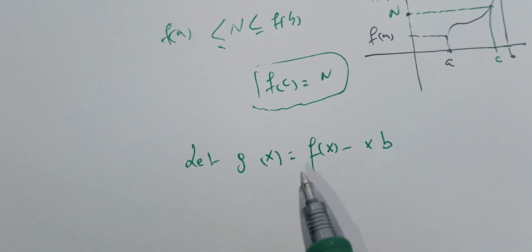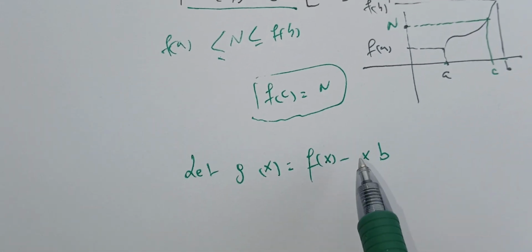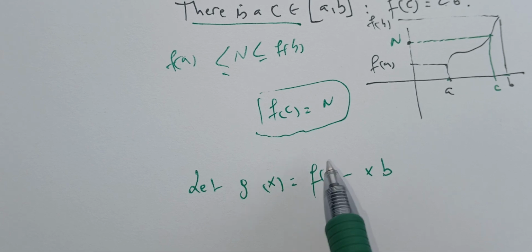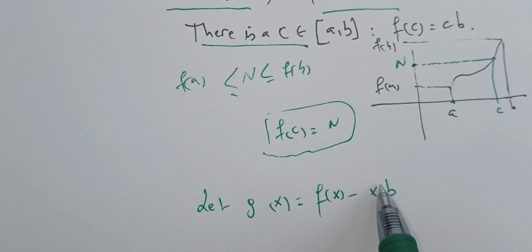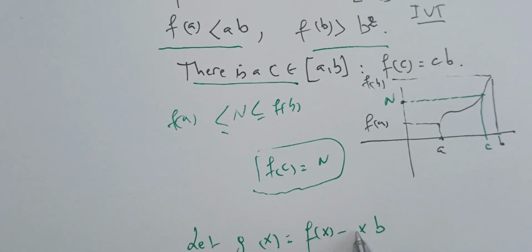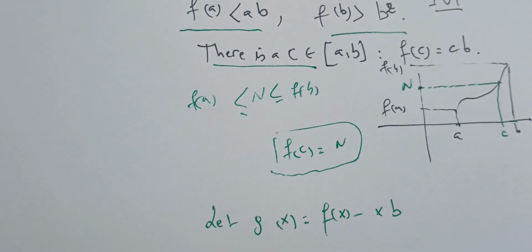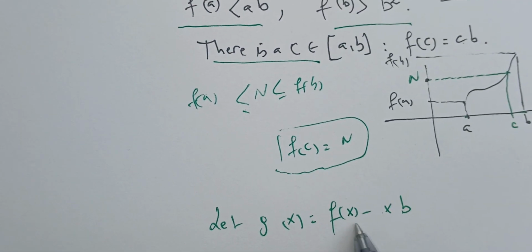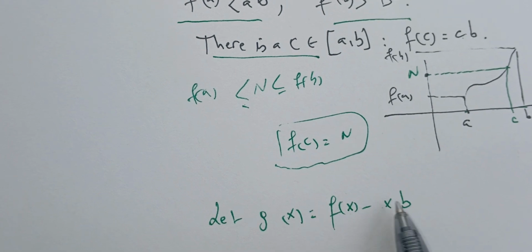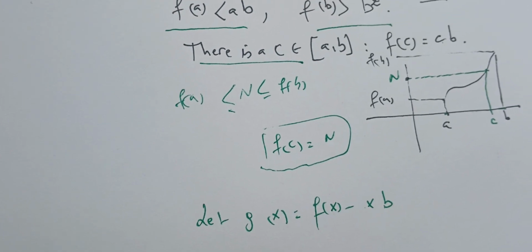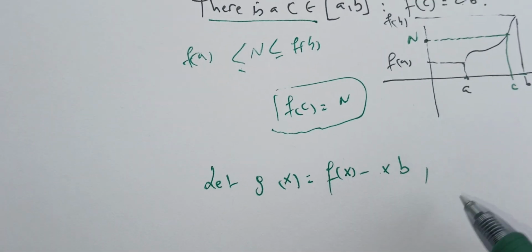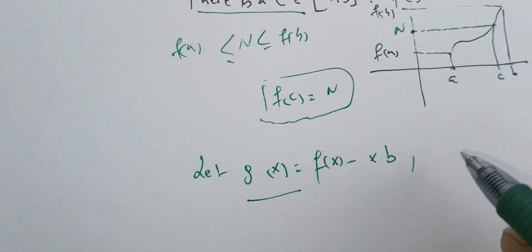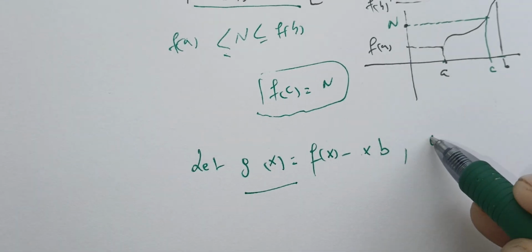And we have that f(x) is continuous on [a, b], and x is continuous on [a, b]. It's easy to prove, and we accept that. Here we have the sum of two continuous functions on [a, b]. Therefore, g(x) is continuous. So g is continuous on [a, b].